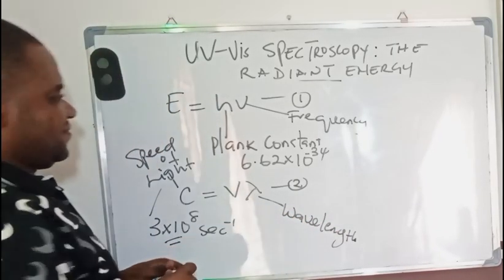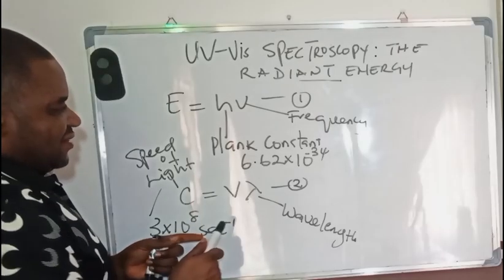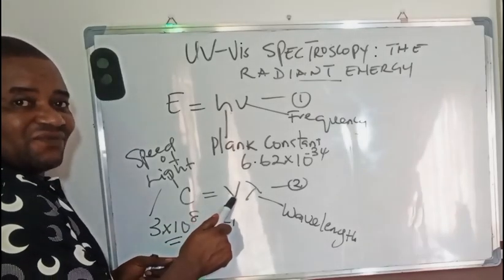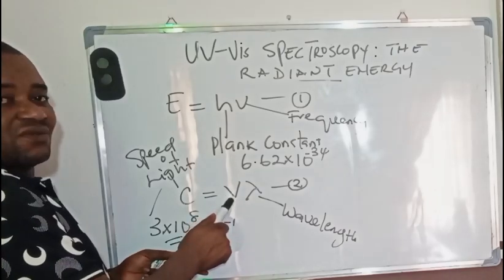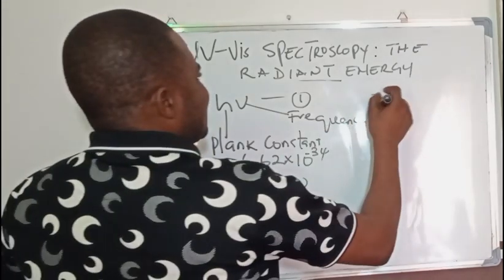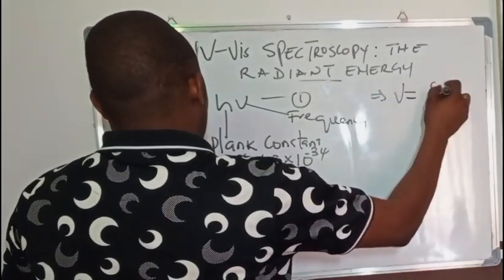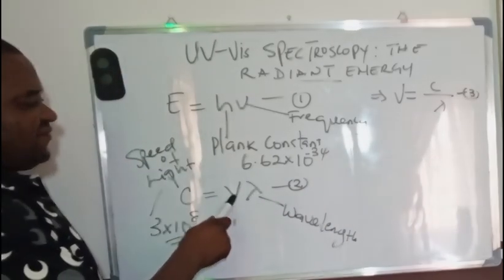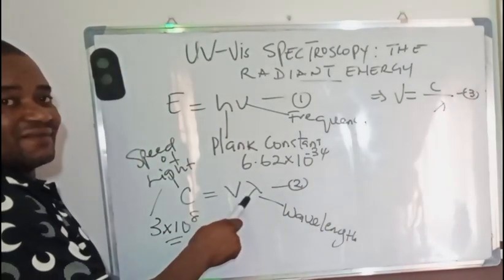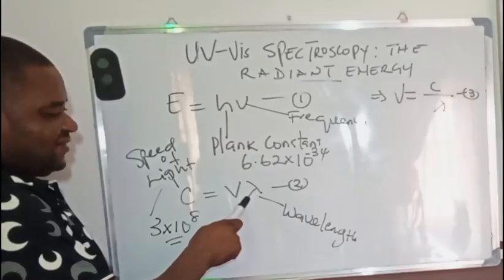Now, do you know that we can get the value of ν, which is the frequency, from this equation by simply rearranging the formula? That means that we can say ν is equal to c over λ.